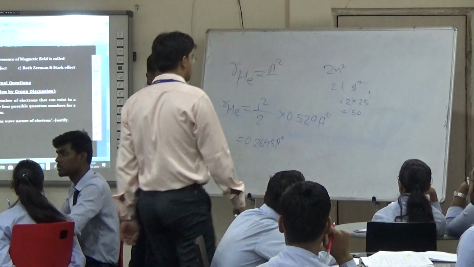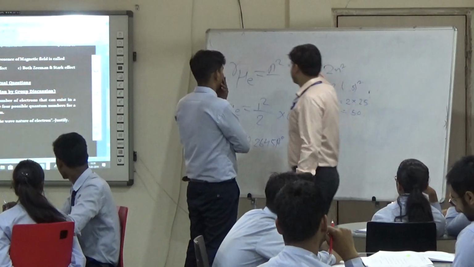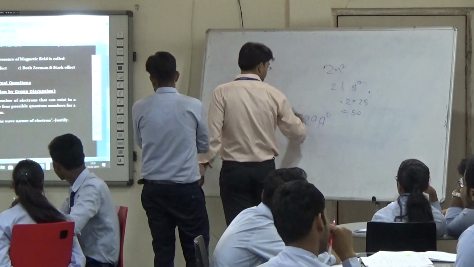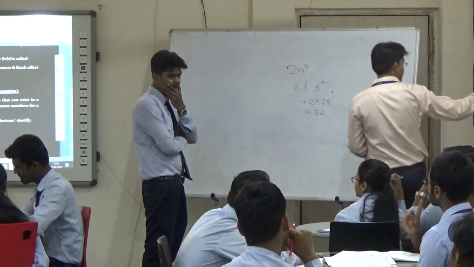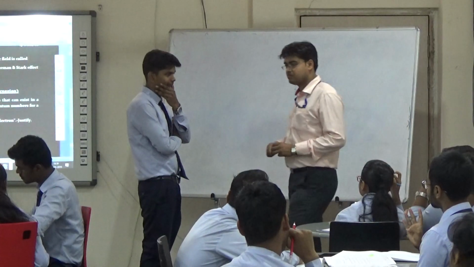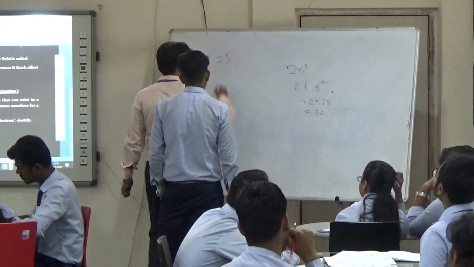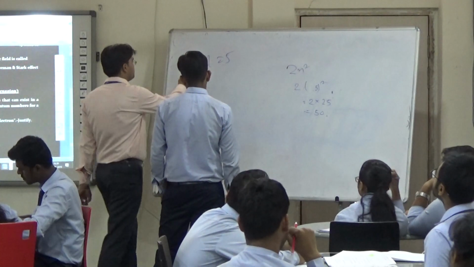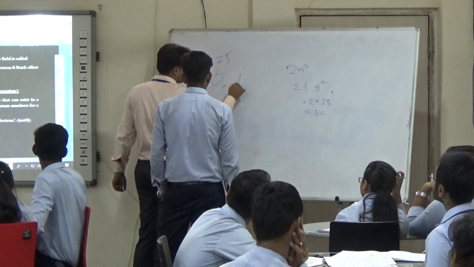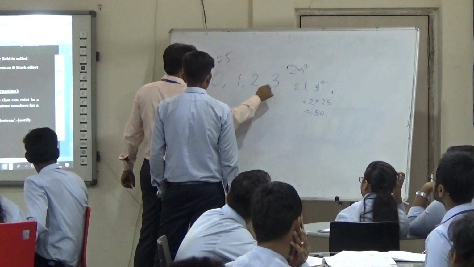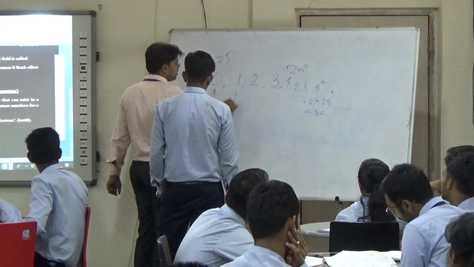Is it possible? n equal to 5, that means l equal to 0, 1, 2, 3, 4.